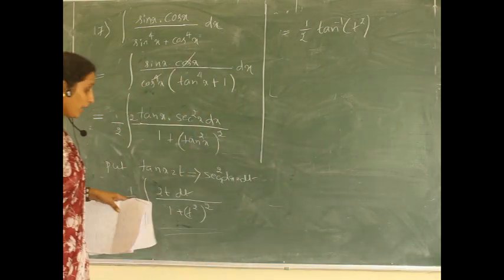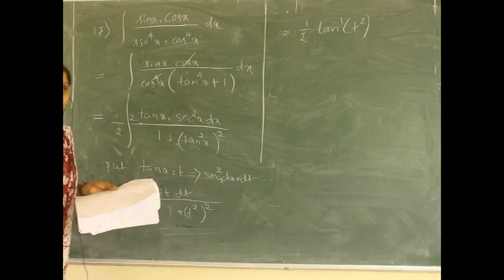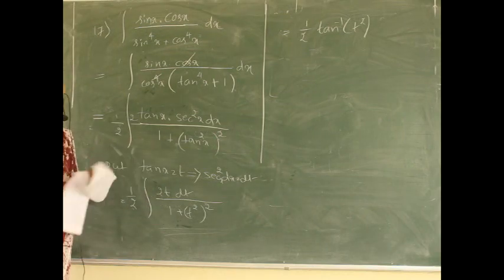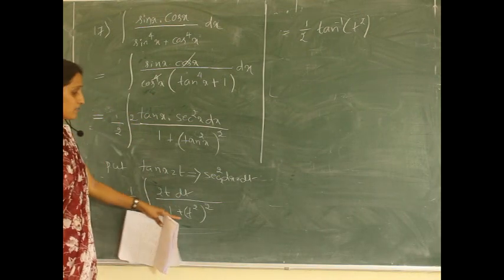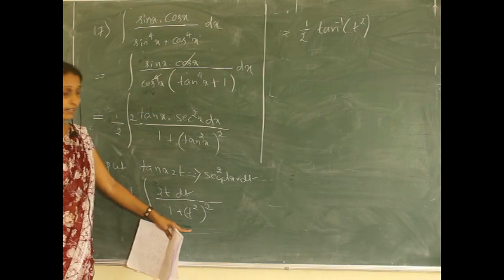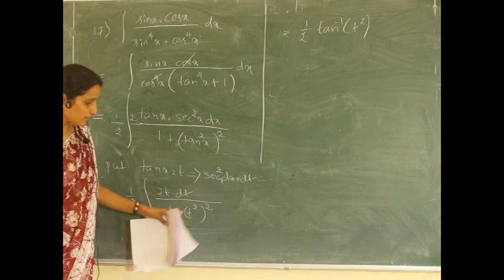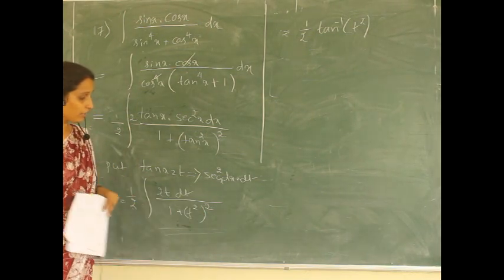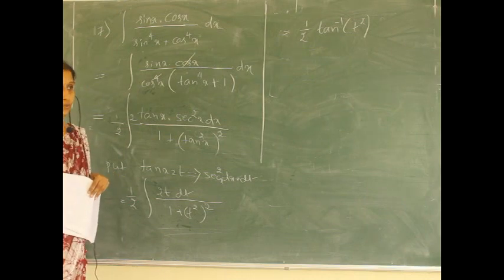If it is only 1 plus t square in the denominator and numerator is 1, the integral value will be tan inverse t. But since it is t square whole square, the derivative of t square, 2t, should be there in the numerator.